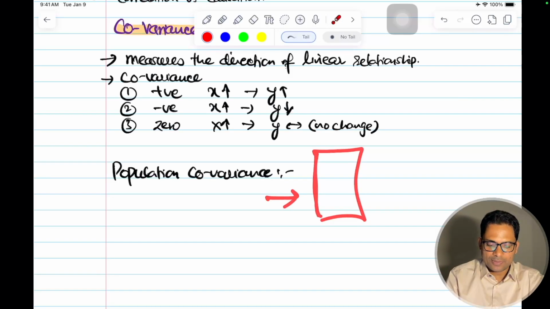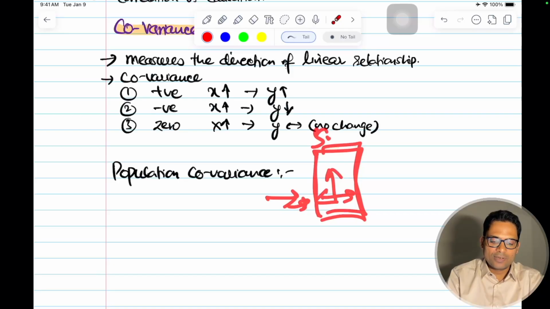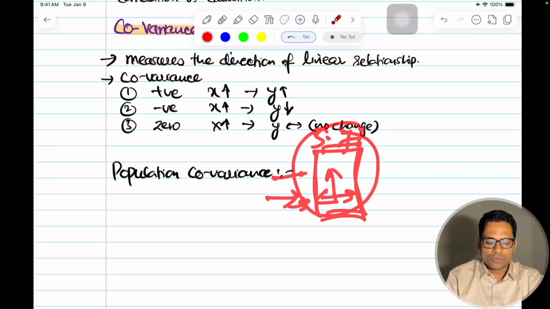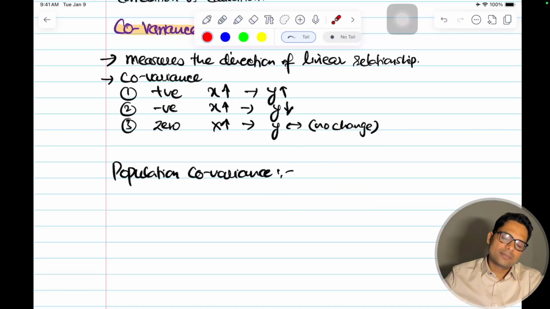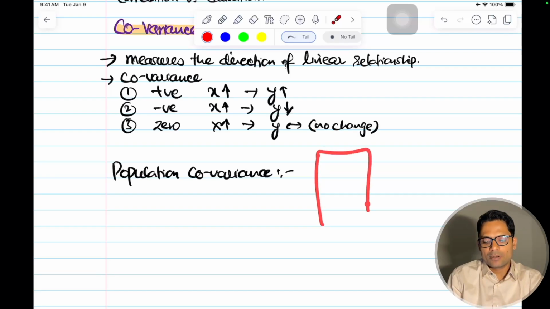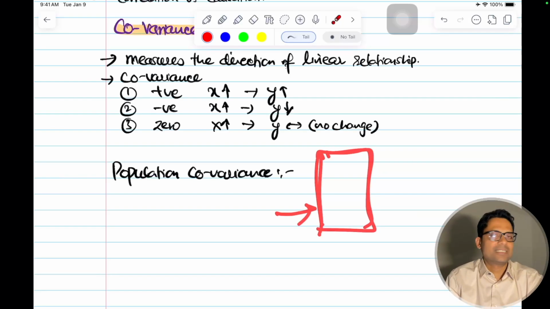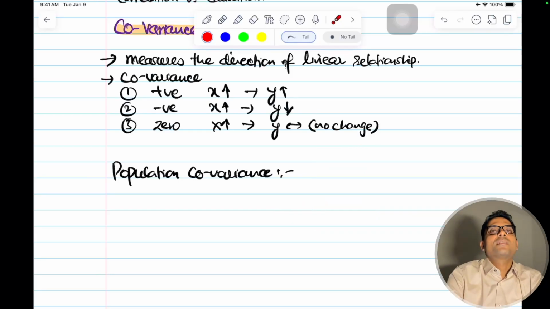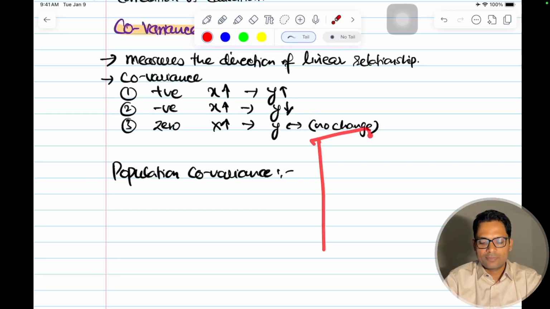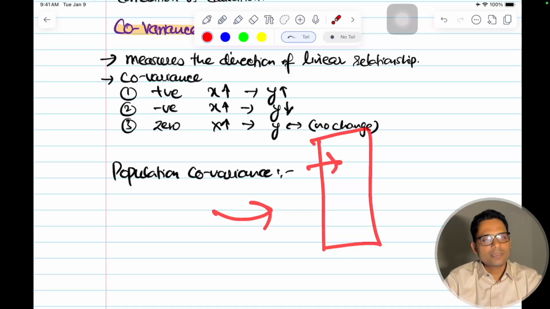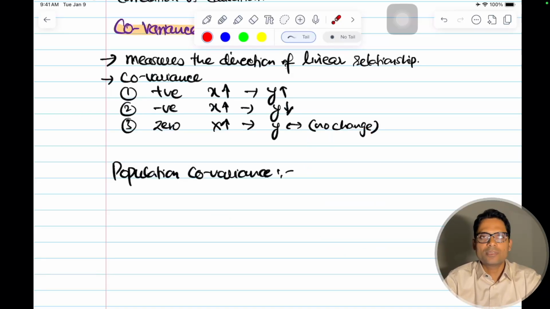For example, if I'm saying that the average height of a city is 5 feet 7 inches, I'm talking about the population, but I will not go and take the height of each and every person. I take a sample and based on the sample I do the estimation, and because of the central limit theorem, we can say that if the number of samples is very large, the sample is a very good estimation of the mean. As the sample size increases, the sample mean will converge to the population mean.